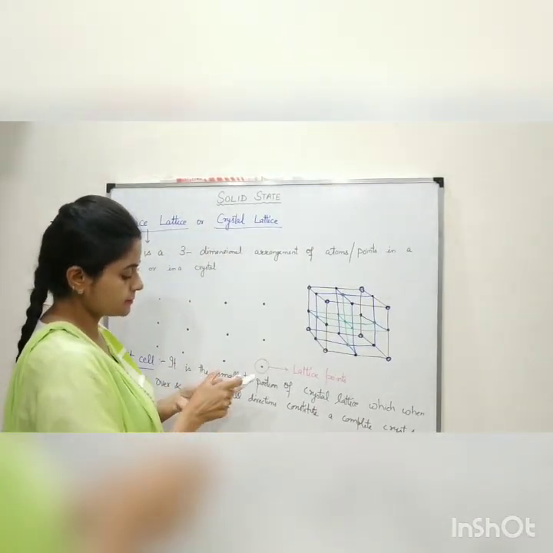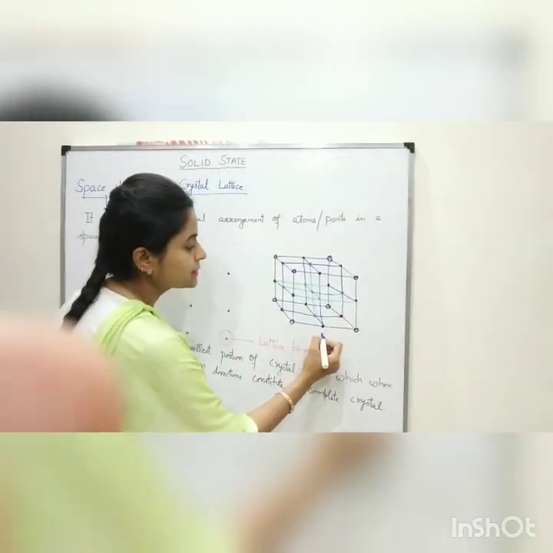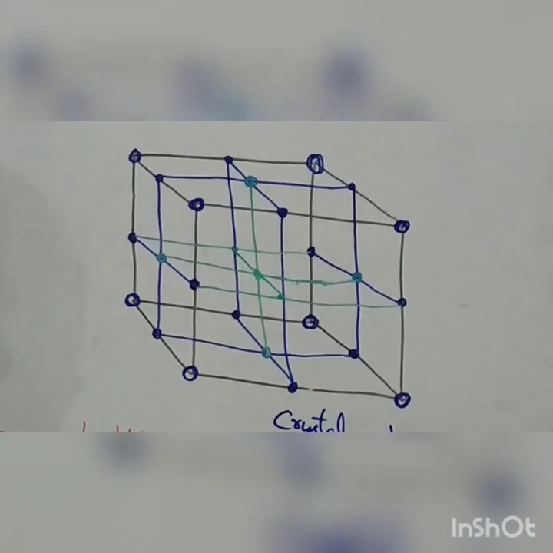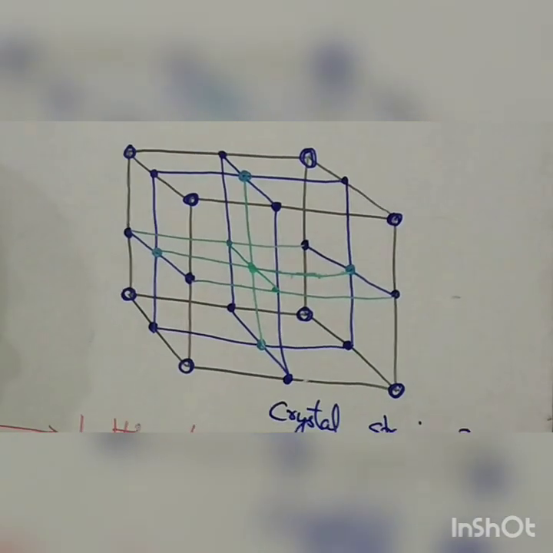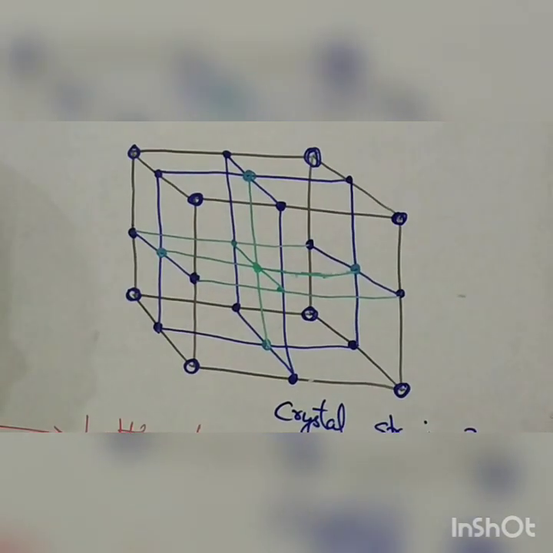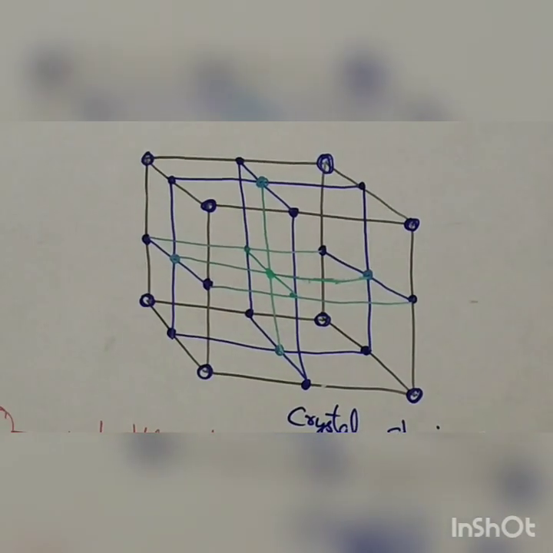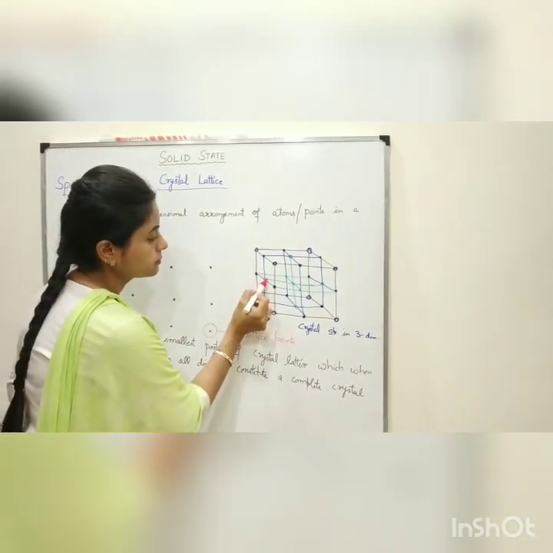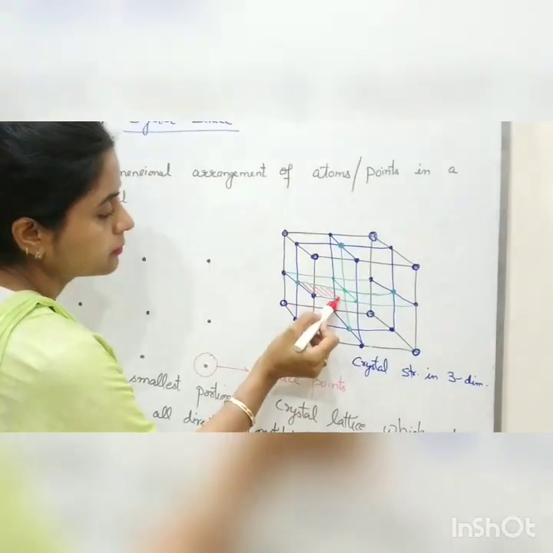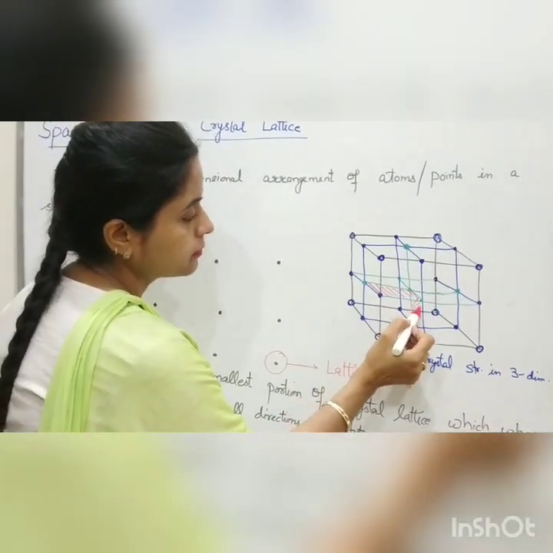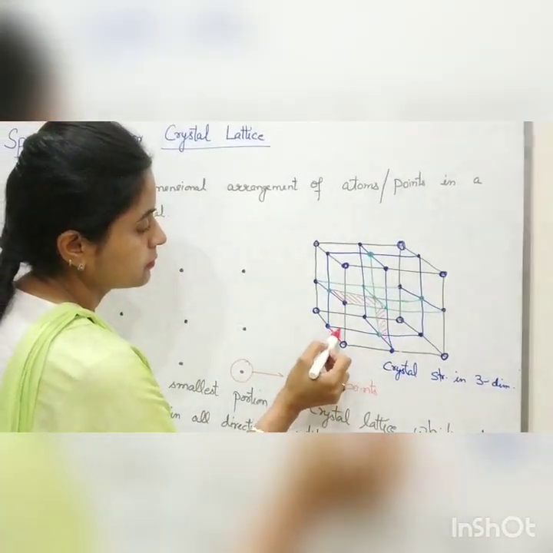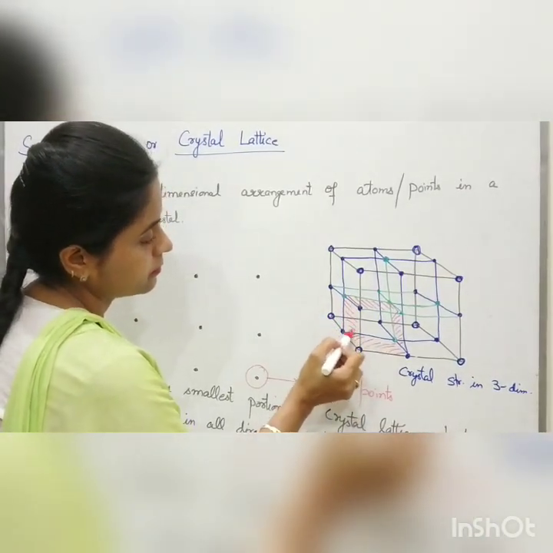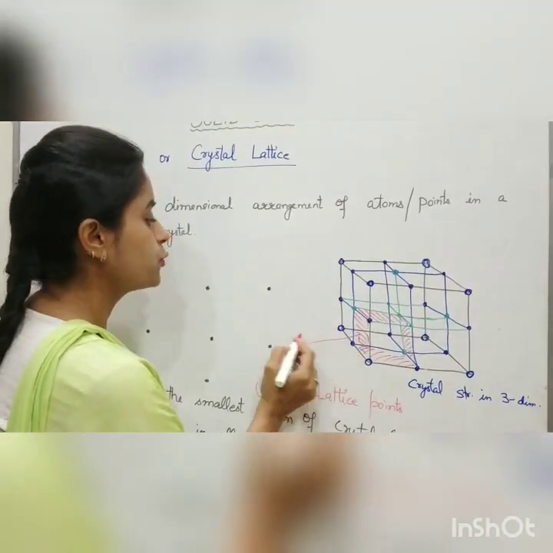So this is the structure of complete crystal in 3 dimensions. If you see here, this shaded portion, this is a unit cell.